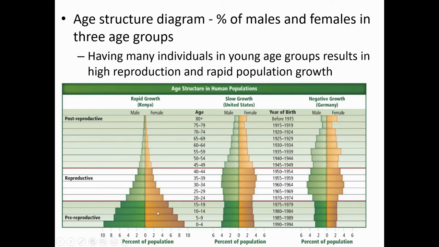Over on the left, rapid growth is usually in areas that don't have the medicine necessarily, or are just getting the medicine, or are farming communities, or low income countries and stuff like that.